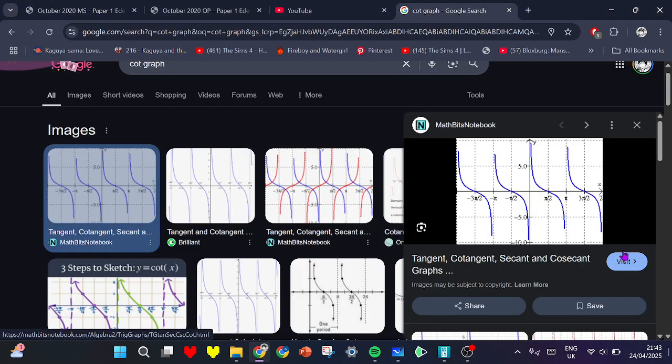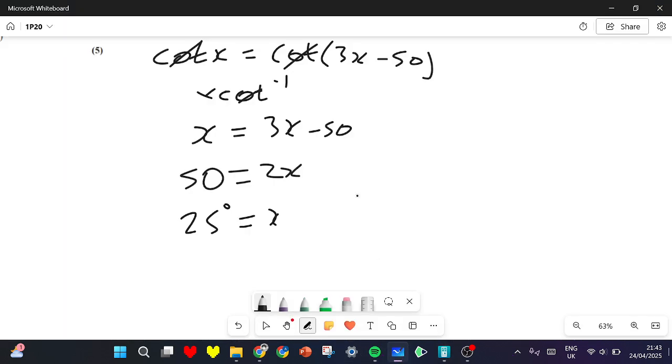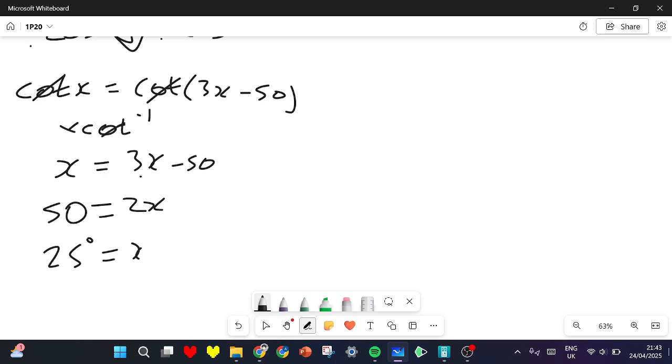So it repeats every 180, which means that there could also be another solution for this bit, when one of the x plus 180 bits might intersect with the 3x minus 50. Okay, so you know how the graph looks like this, right?